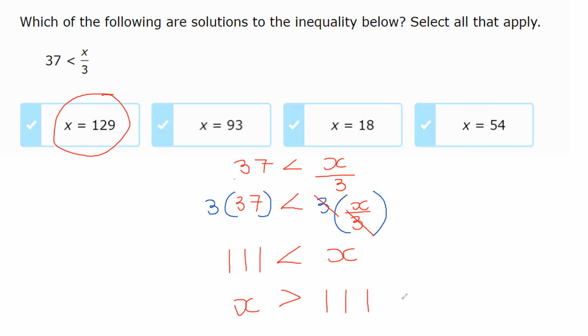To get our answer, we have to multiply both sides by 3.